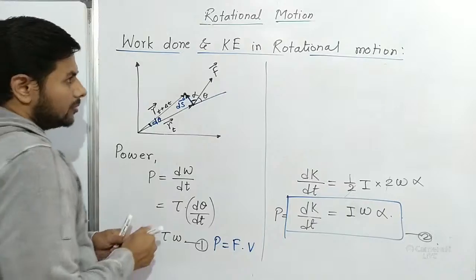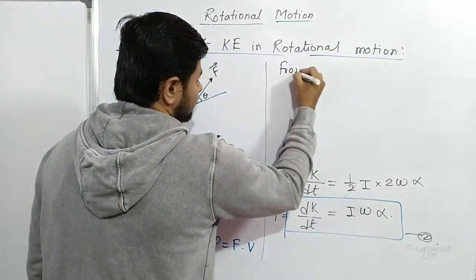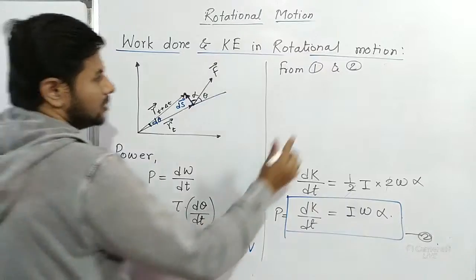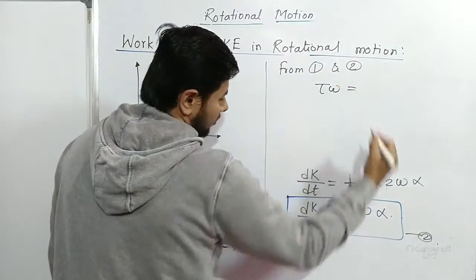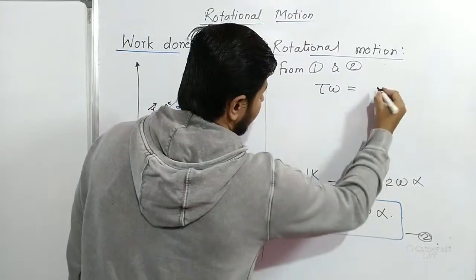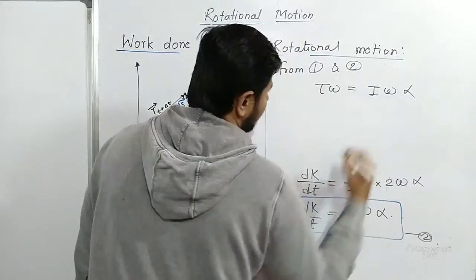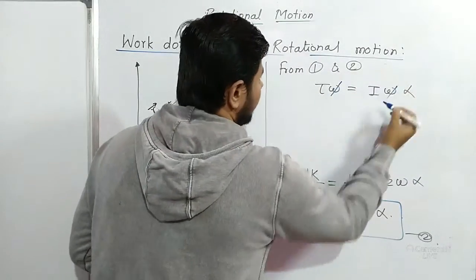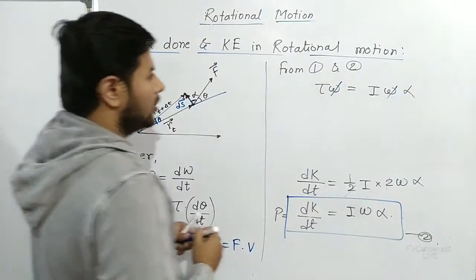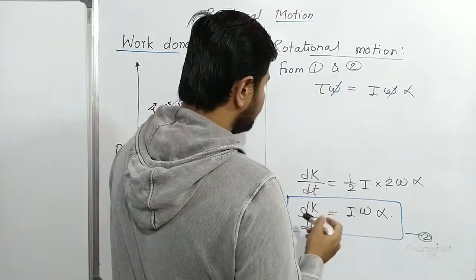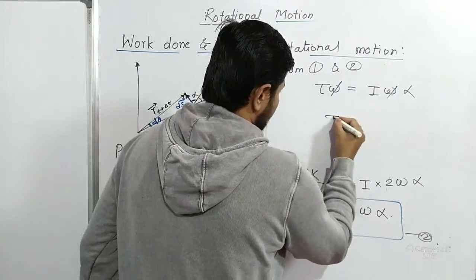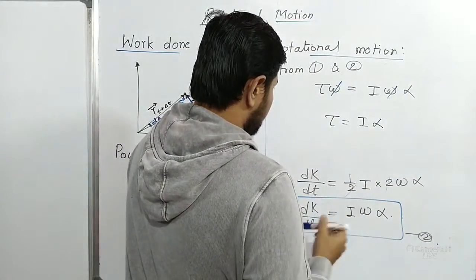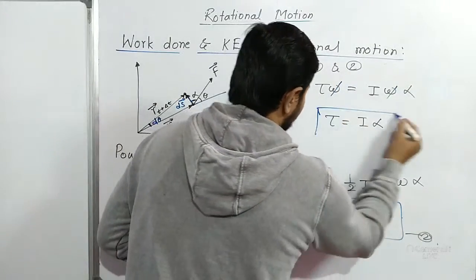From 1 and 2, what I can write is tau omega equals I into omega into alpha, and this omega gets cancelled out and we are left with tau equals I times alpha. So this is another formula for torque.